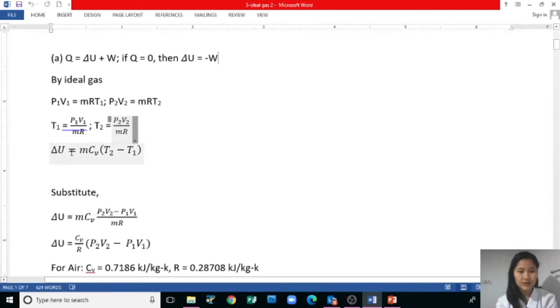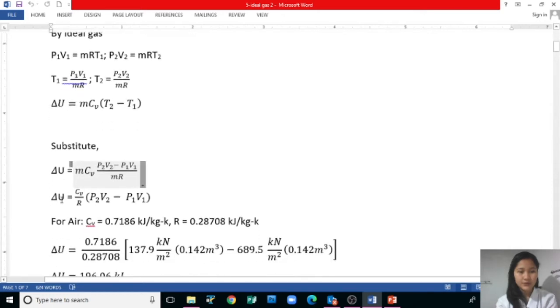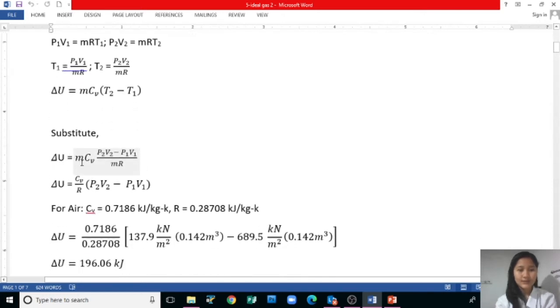So we just have to substitute the values of T2 and T1 into this formula. So we have now the new equation: delta U is equal to mass times the specific heat times P2V2 minus P1V1 divided by the mass times the specific gas constant.